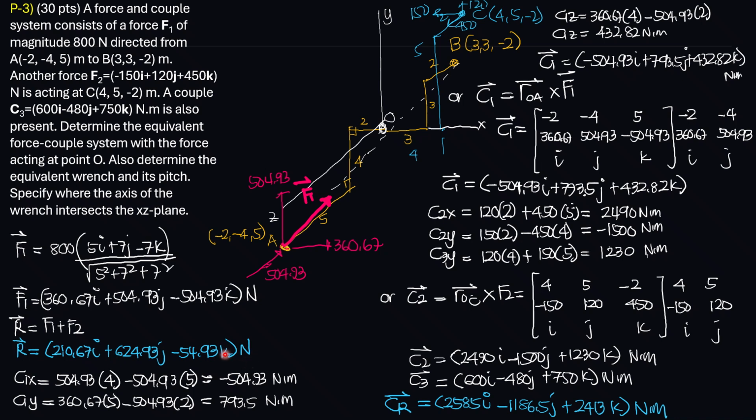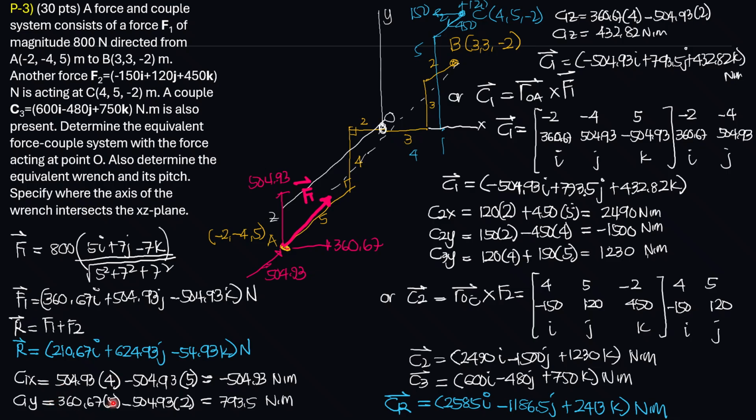For the resultant couple, first due to F1, I just put the components of F1 at A. Then remember that's O. Moment about X: this is parallel to X, so no moment. 504.93 is under, then it is in the positive sense of moment about X. So it is positive 5 by scalar approach, and I also check it by vector approach.